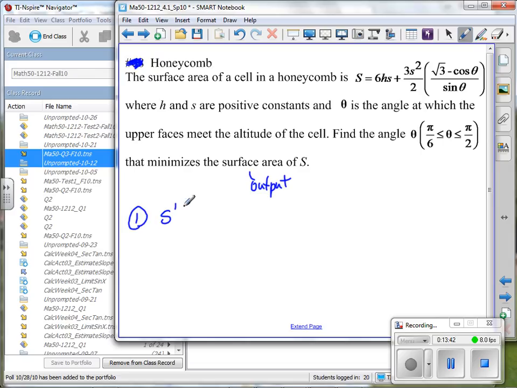And we do that by taking the derivative, okay? Now keeping in mind that H and S are constants. So you're going to take the derivative of that, and when we minimize it, after we find the derivative, we're going to then do what? What were we just doing?